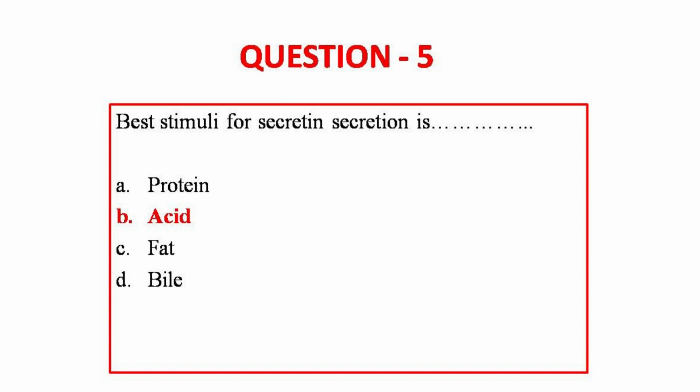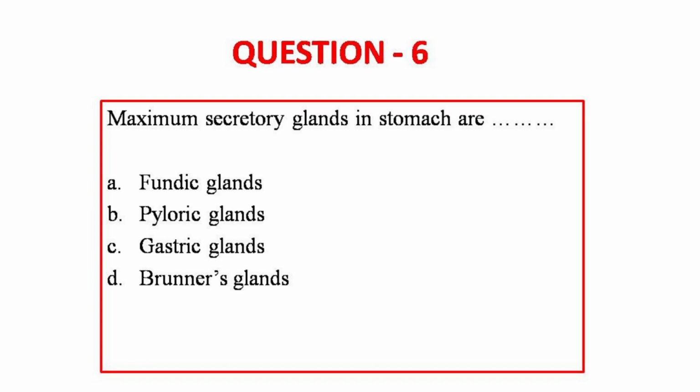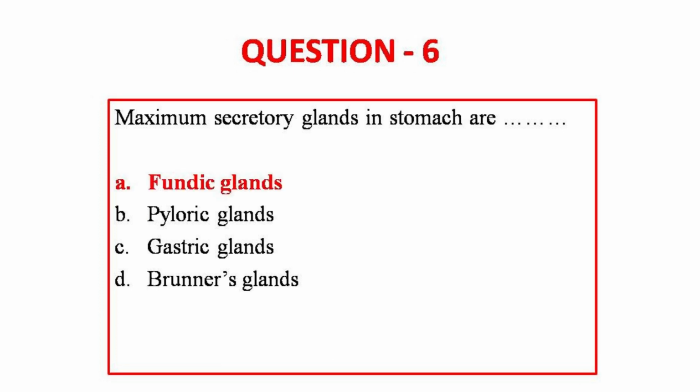Moving on to question number 6. Maximum secretory glands in stomach are fundic glands, pyloric glands, gastric glands, Brunner's glands. The answer to this question is option A, fundic glands. So as we all know, the gastric glands are divided into fundic and pyloric glands.